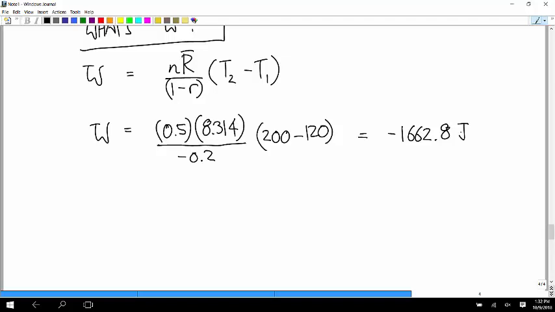Let's see. I guess that must be true, just by the 1 minus R has to be positive then, well, but the temperatures go in reverse.